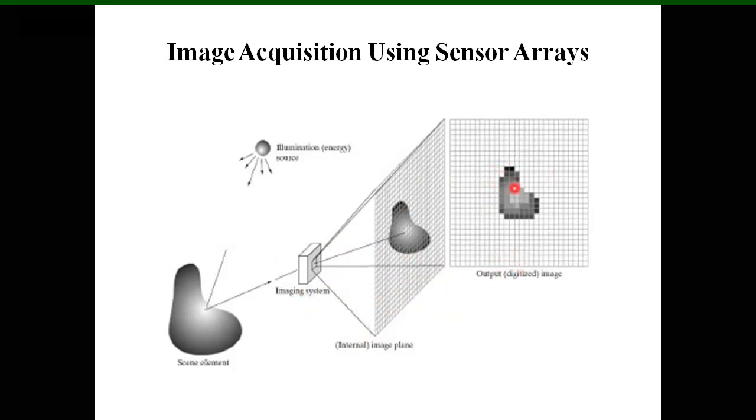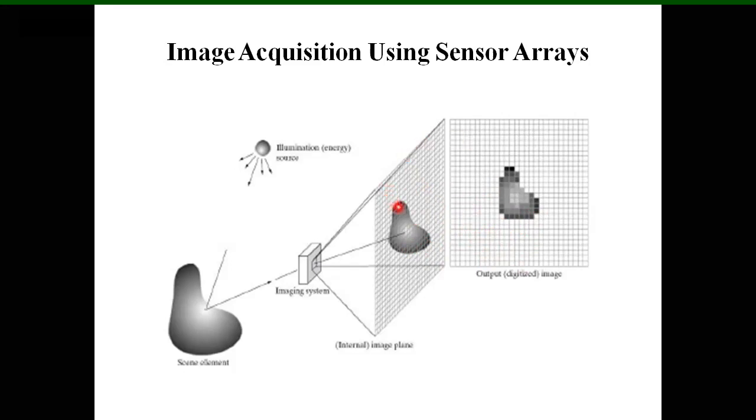If the illumination is light, then the front end of the imaging system is an optical lens that projects the viewed scene onto the lens focal plane. The sensor array, coincident with the focal plane, produces outputs proportional to the integral of light received at each sensor.